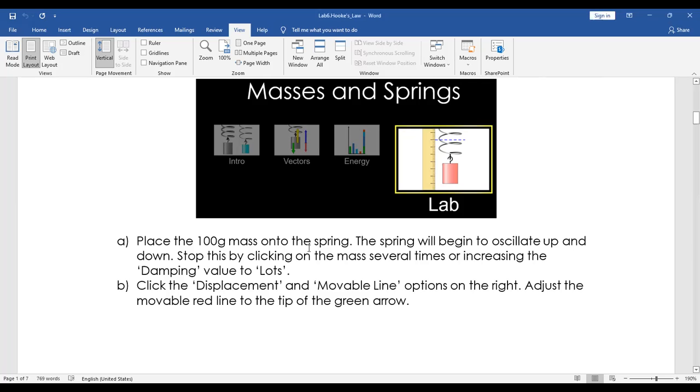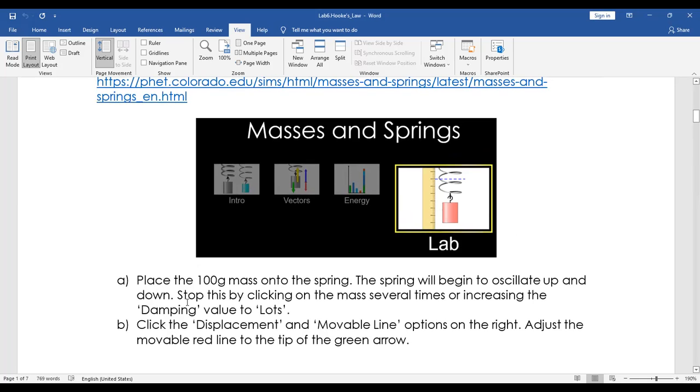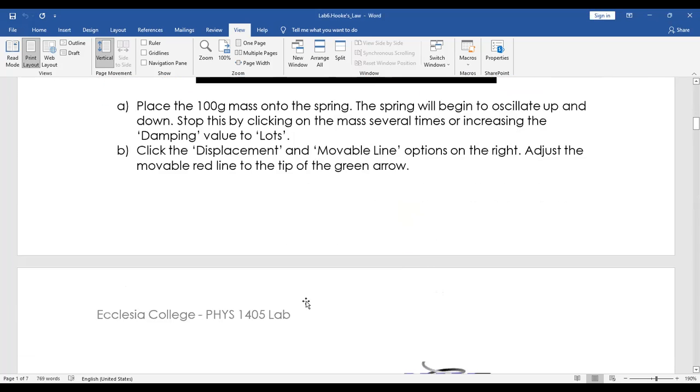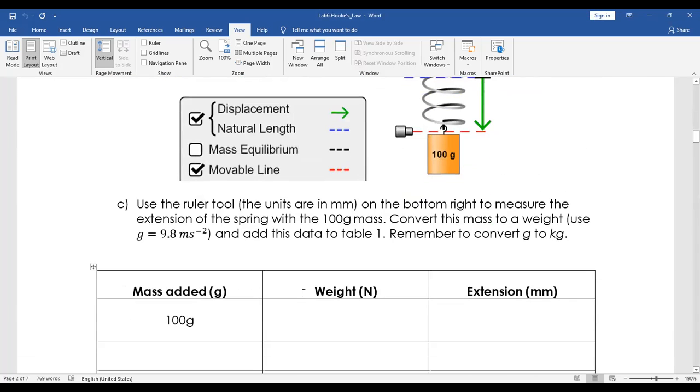Put a 100 gram mass onto the spring. The spring will begin to oscillate. Stop this by clicking on the mass several times or by increasing the damping value to large. You have to see the displacement. Click this 100 gram.